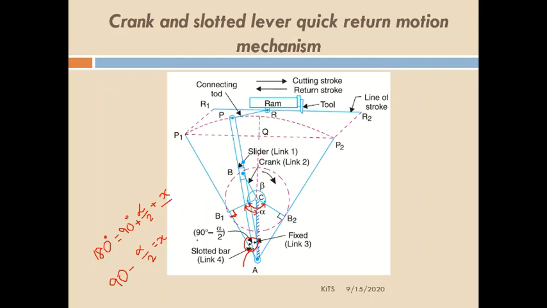Do you understand how you got this value? This is how this value came, 90 degree minus alpha by 2. Sure, right? So now we got this value, 90 degree minus alpha by 2.